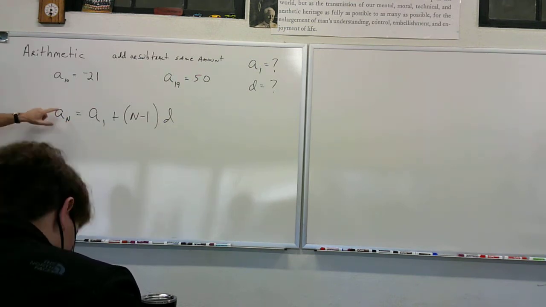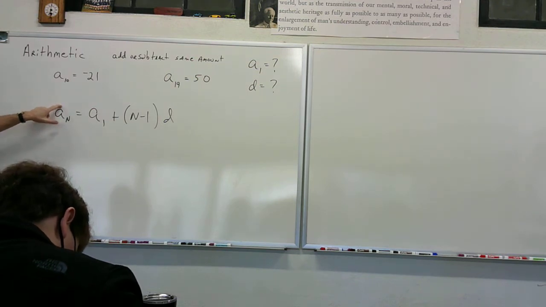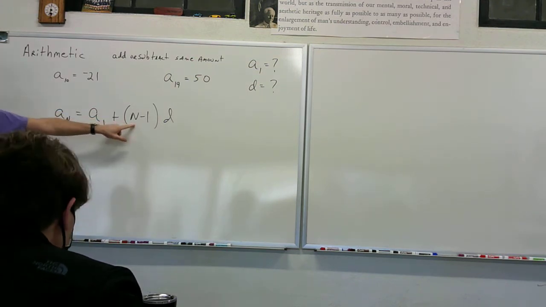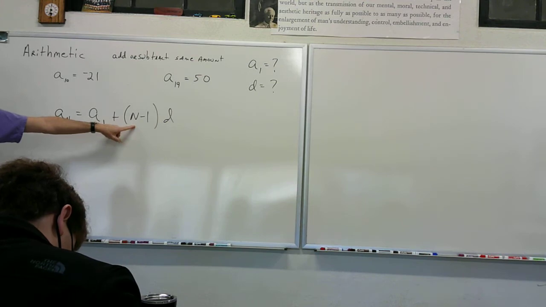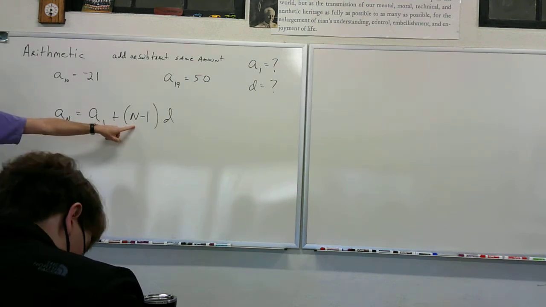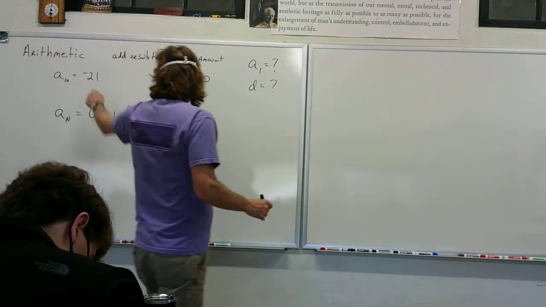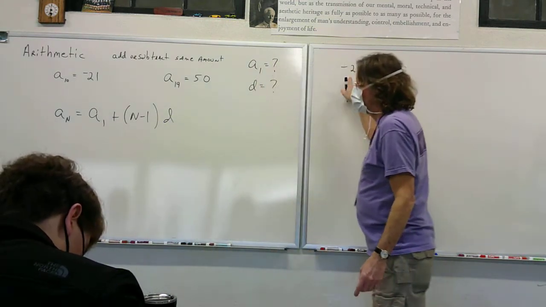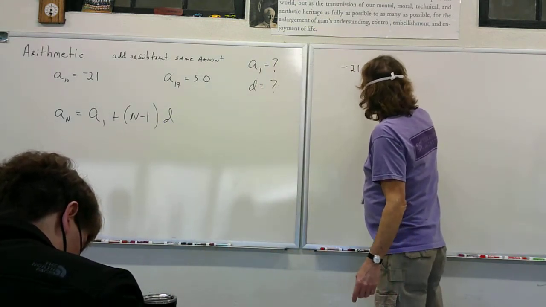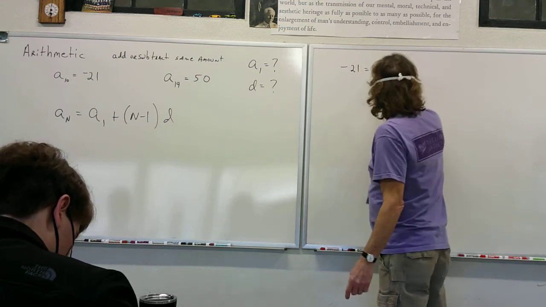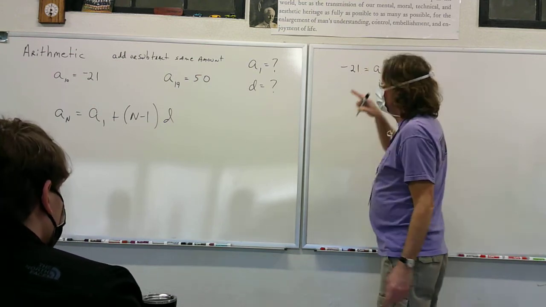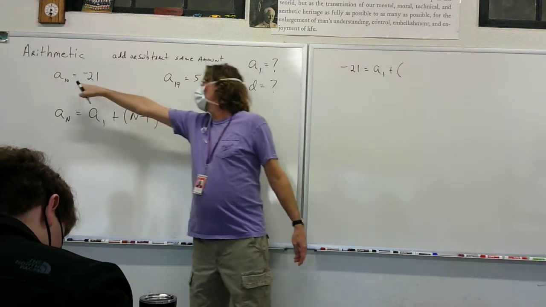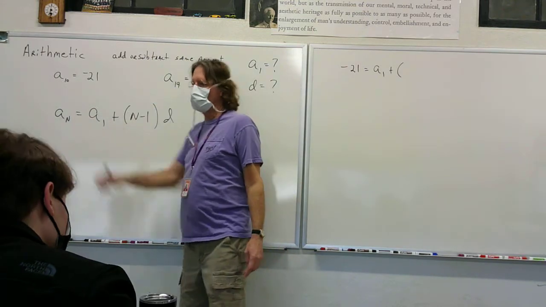And then you put a 10 right there. So if I use that first bit of information, I get negative 21, because that's a of 10, equals a of 1, which I don't know. But I do know that the n value is now 10.